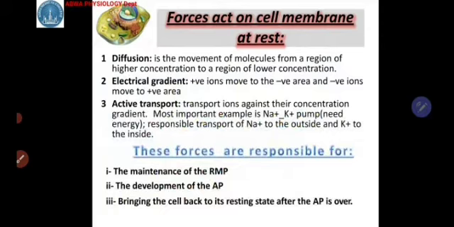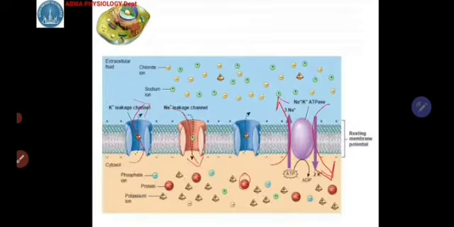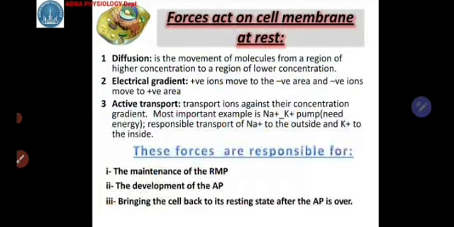The most important example is the sodium potassium pump, pumping three sodium outside the cell and two potassium inside the cell, creating a relative negativity.